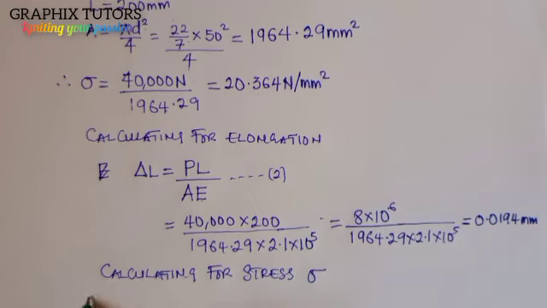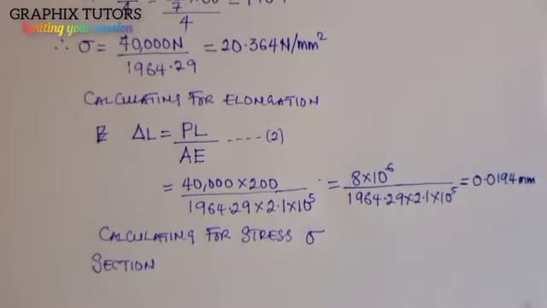So this is section BC. Now write out the parameters.